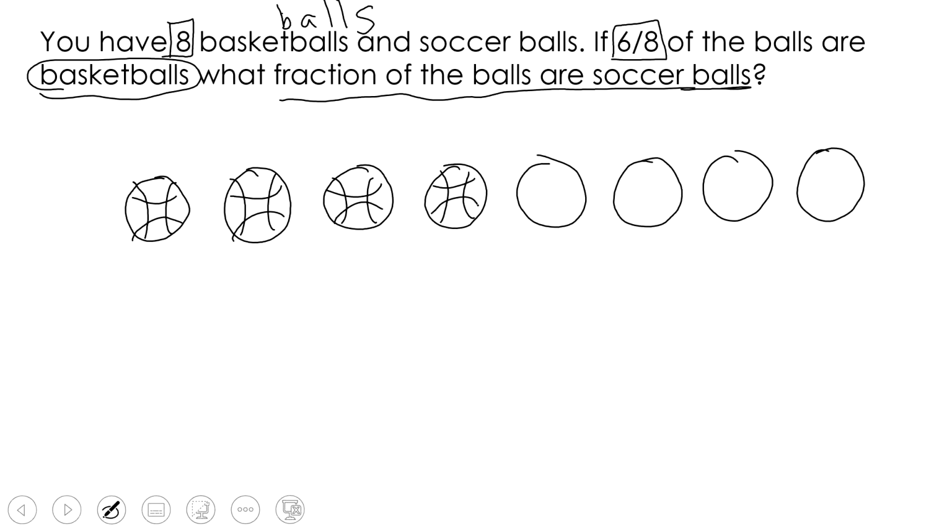So that's 4 of them, 5 of them, and 6 of them. And remember, I know this is 6/8 because I'm treating all the balls as one whole, and each ball is a piece. So now I need to know what fraction are soccer balls. And I see I've got 2 here that are left over, and those 2 would need to be soccer balls.